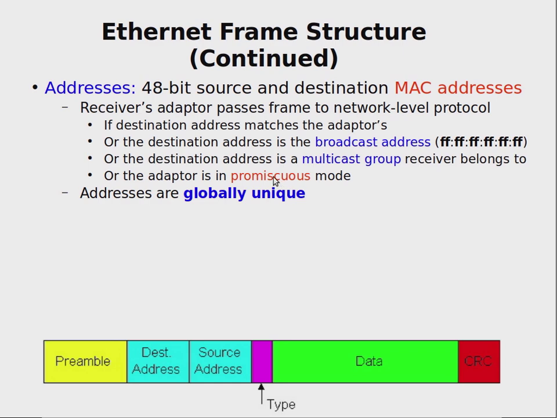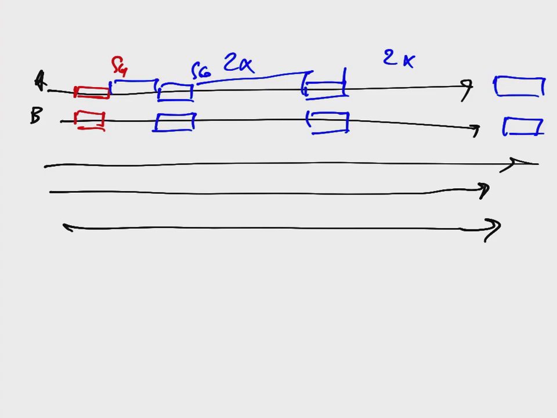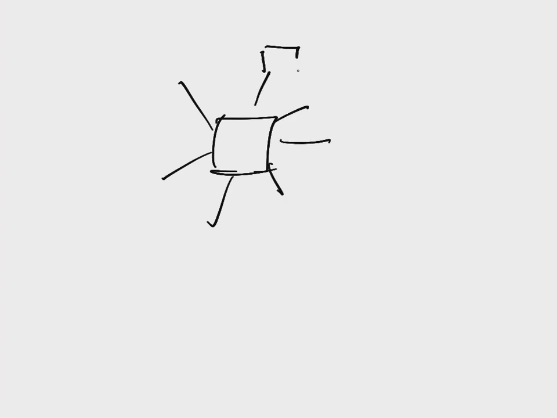And also, for debugging and diagnostic purposes you may switch your Ethernet device into so-called promiscuous mode, when it actually provides to a higher level of abstraction all Ethernet frames which it can receive. Because Ethernet is one common channel for several devices, for example here is some hub and many devices connected to this hub, and if one of these devices is promiscuous, then it can provide to higher levels of abstraction all these Ethernet frames which can actually be listened to and received in this channel.